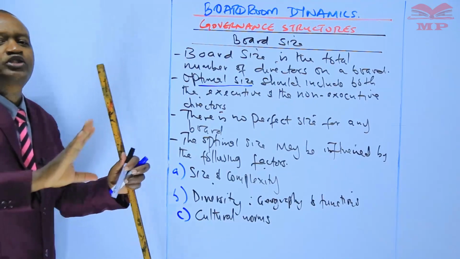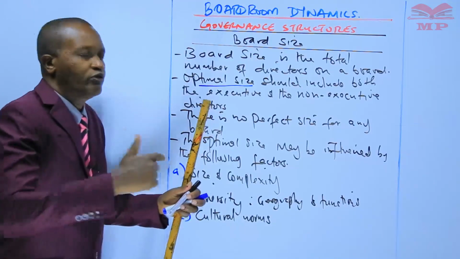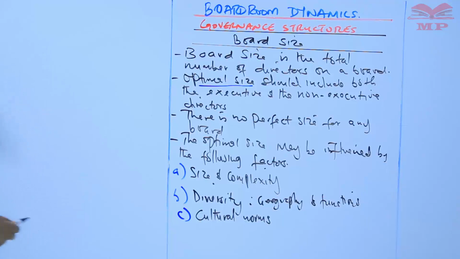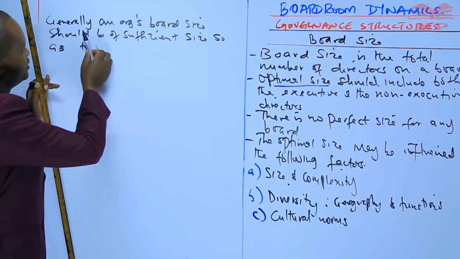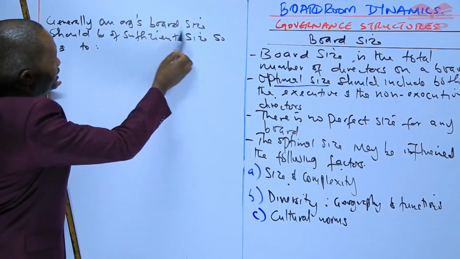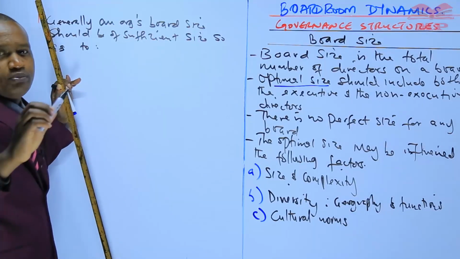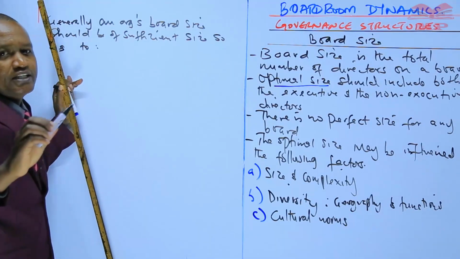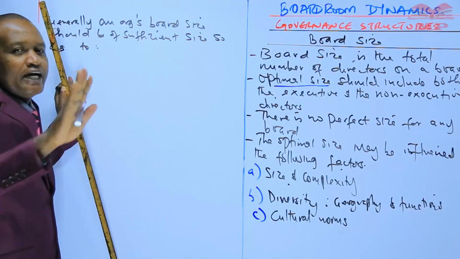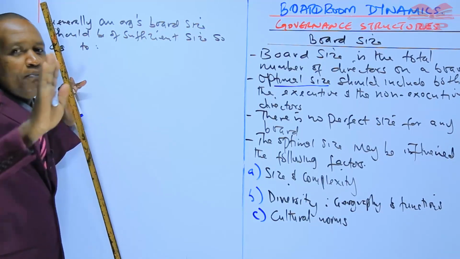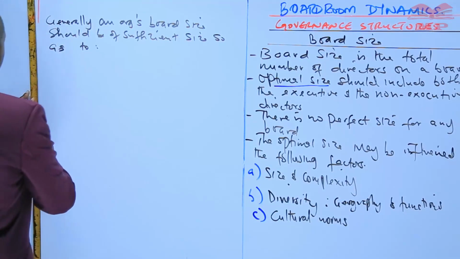I've said that generally an organization's board should be of a sufficient size so that, one, there are sufficient board members. All right? Let me have it down.